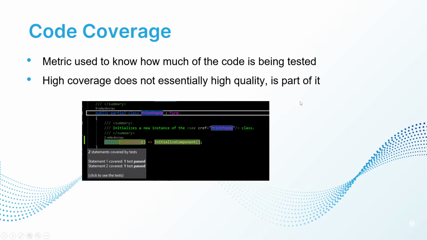High coverage means that most of your code is tested, and this is good, but your code needs not just high coverage, but also well-done unit tests. As I said, your unit tests should test the code structure and not the value that's returned itself.